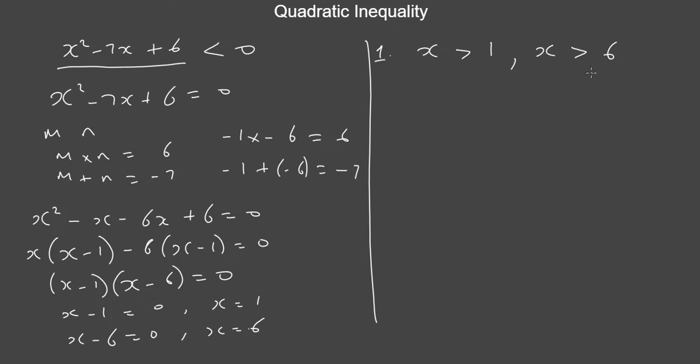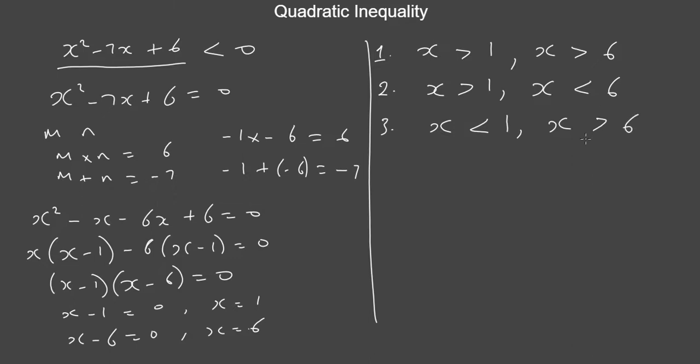The third possible answer is that x is less than 1, while for the other case, x is greater than 6. The fourth scenario is when x is less than 1, while x is less than 6. So these are the possible scenarios.